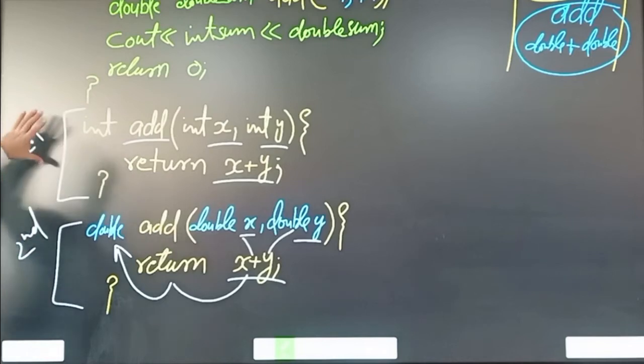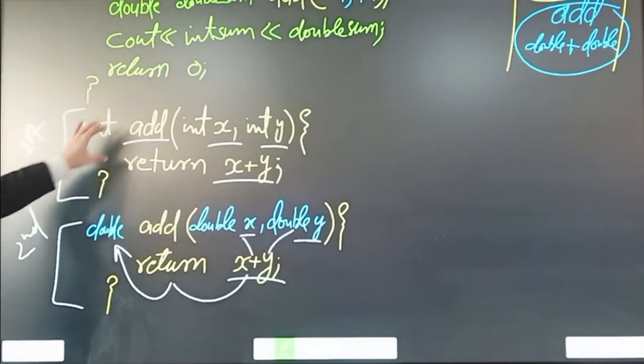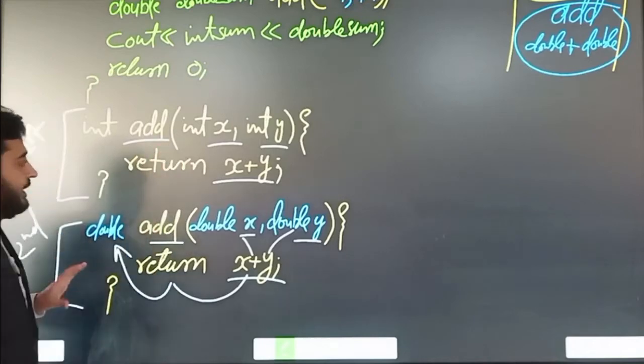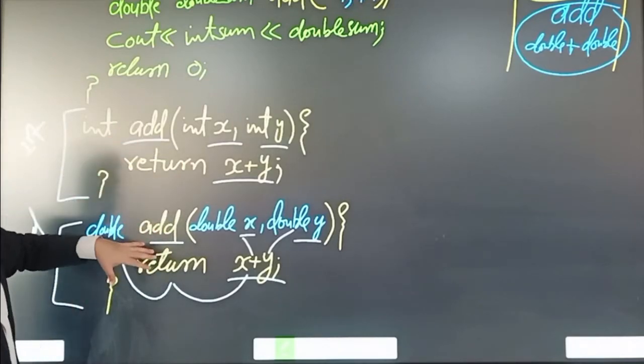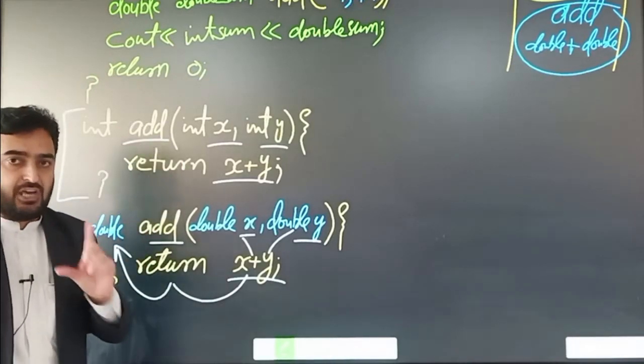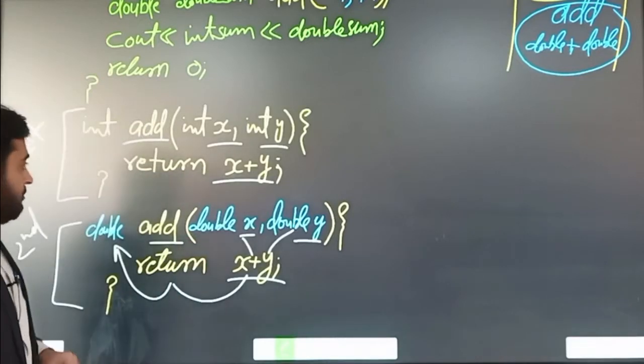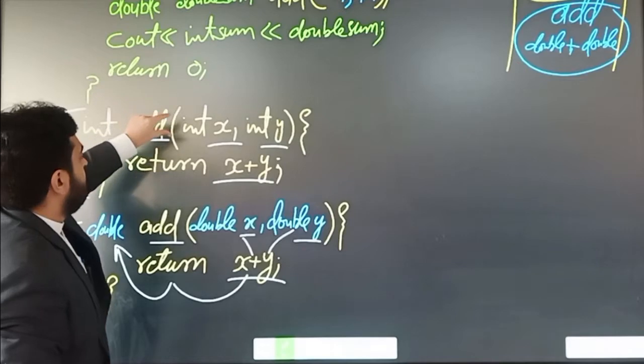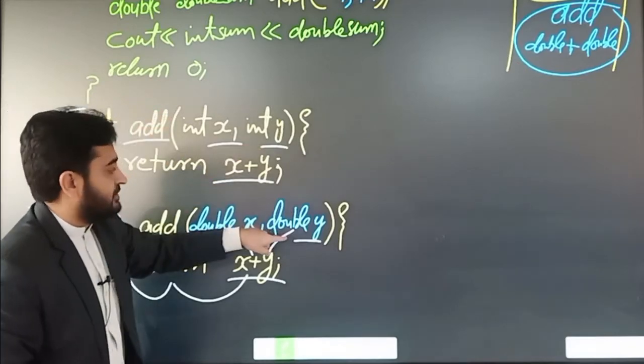So we have two functions now with the same name. This is also add, this is also add function. Both of these functions have the same name, add, but the difference between these two functions is the parameter list.